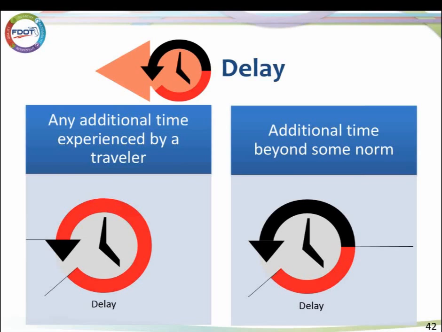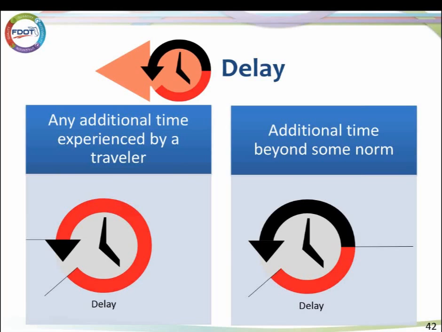So in the graphic on the lower left, the red would be considered delay if it's anything below the posted speed limit or free flow speed on an arterial. An arterial may be posted 40 miles an hour, it has some signals, but the free flow speed would be anything below that. So if you hit a signal at all, that would be considered delay.